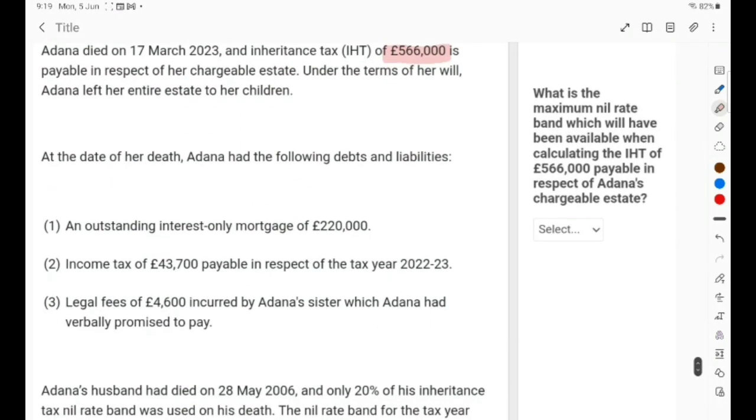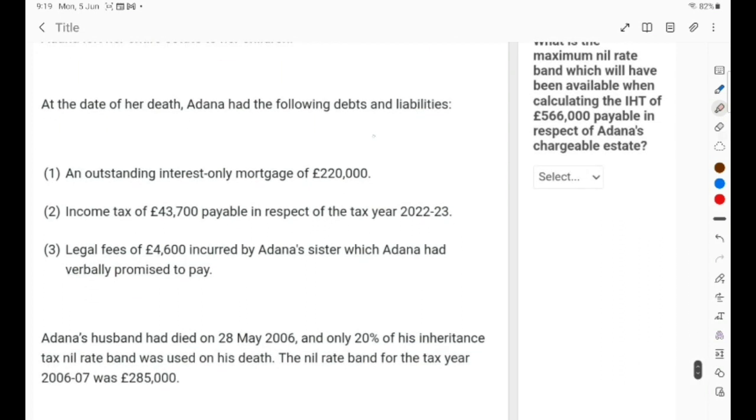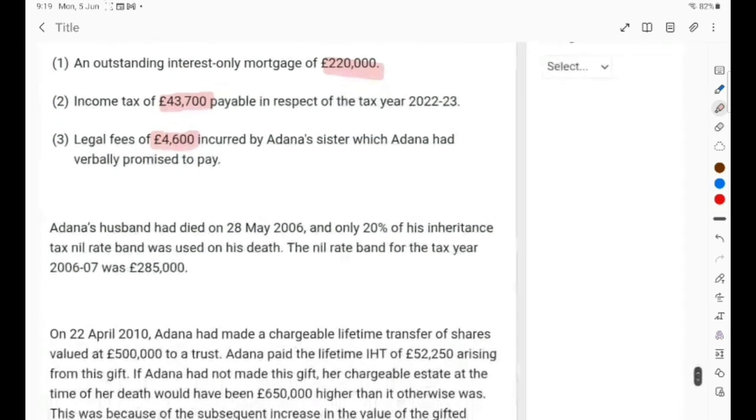At the date of her death, Adana had the following debts and liabilities: outstanding interest only mortgage 2,20,000, income tax 43,700 payable in respect of tax year 22-23, legal fee 4,600 incurred by Adana's sister, which Adana had verbally promised to pay.